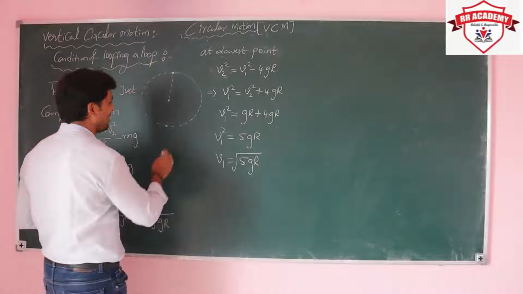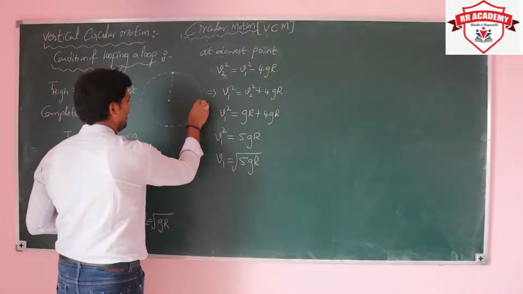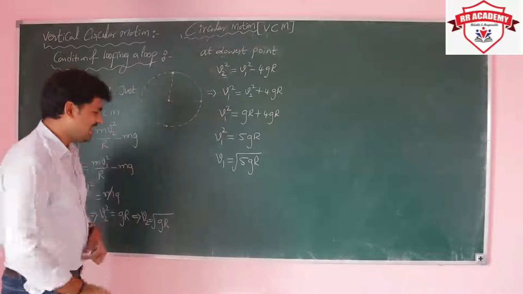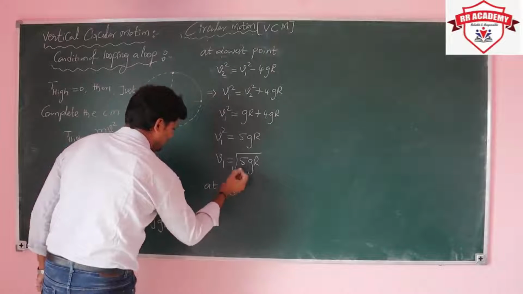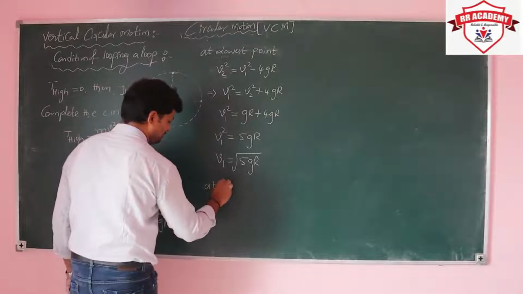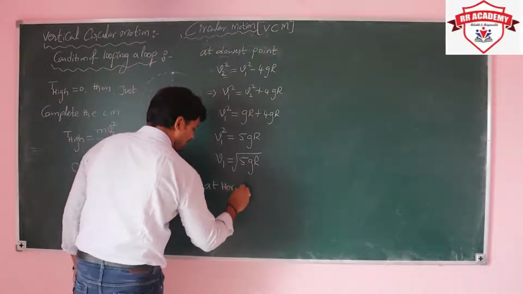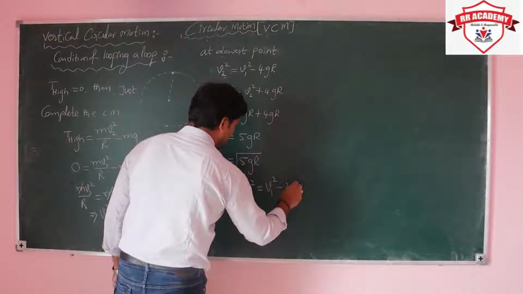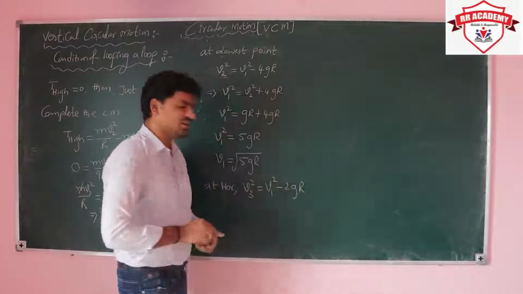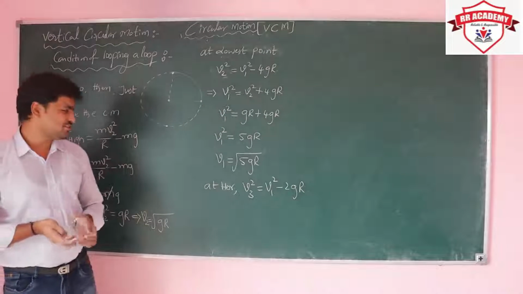What is the velocity at the horizontal position? At the horizontal position we have v3. v3 square is equal to v1 square minus 2gr.